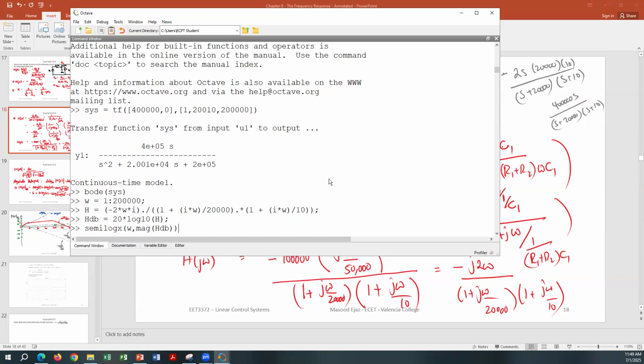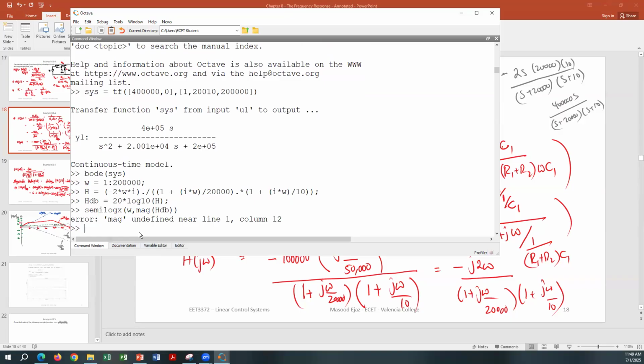And let's see if it gives us, oh, absolute value, not magnitude. Absolute value of H decibel.